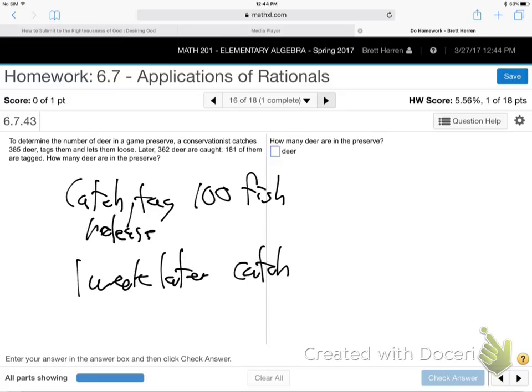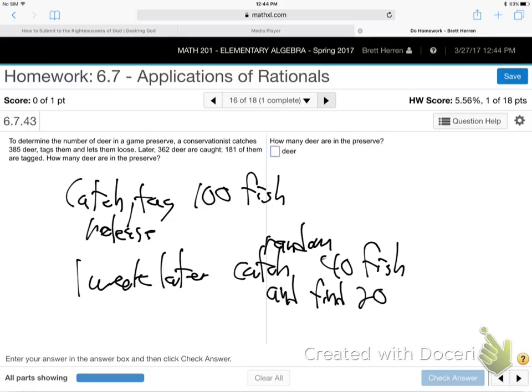We do a random catch, just throwing down a big net. Let's make it simple. Let's just say we catch 30 fish and we find 15 have tags from last week.